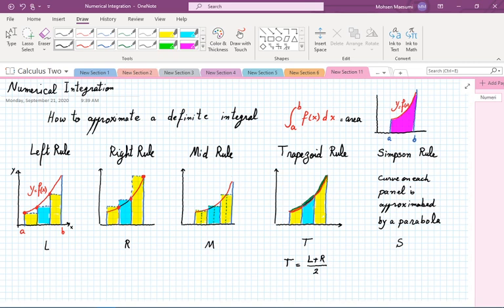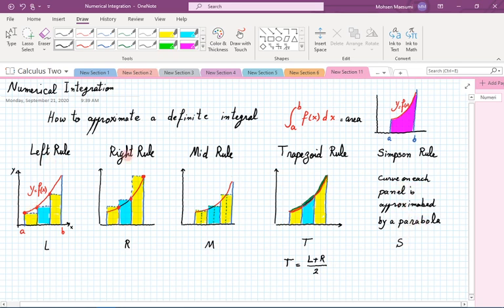If you want a few decimal places of accuracy, this is more than sufficient. For Simpson's rule, it's going to be rather hard to actually draw the picture, but explaining what we do in practice is going to be easier.